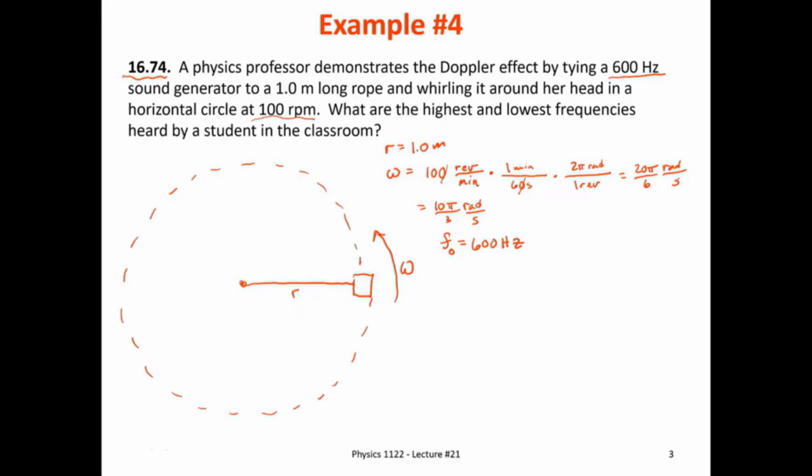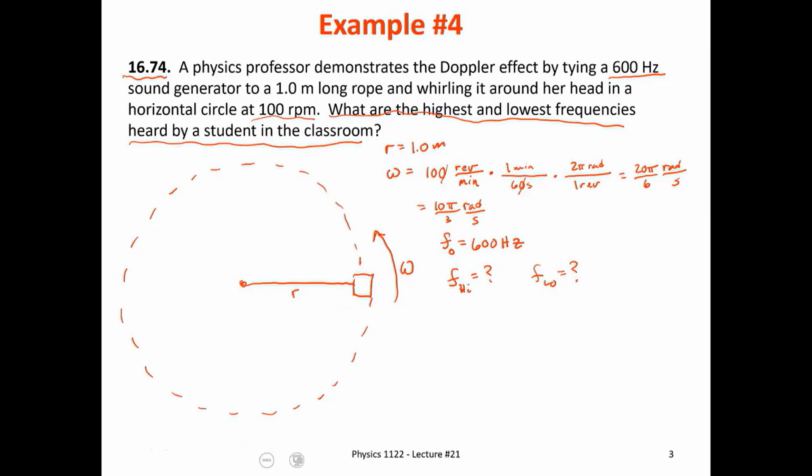And now we're imagining that this sound is heard by a student in the classroom, and the question is, what are the highest and lowest frequencies heard by a student in the classroom? So we're looking for f high and f low.